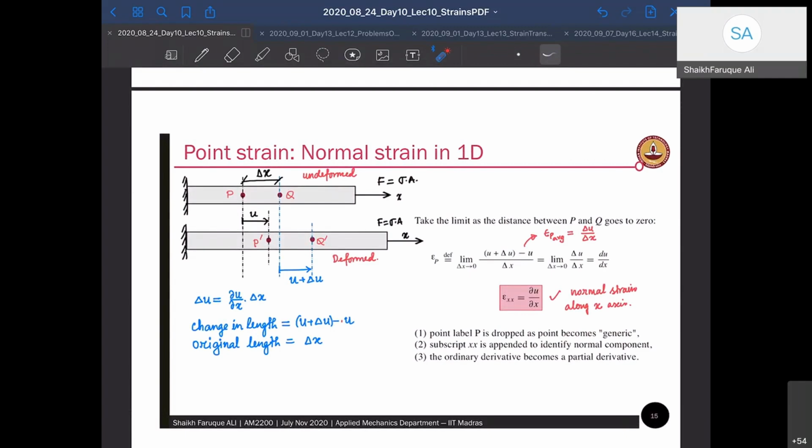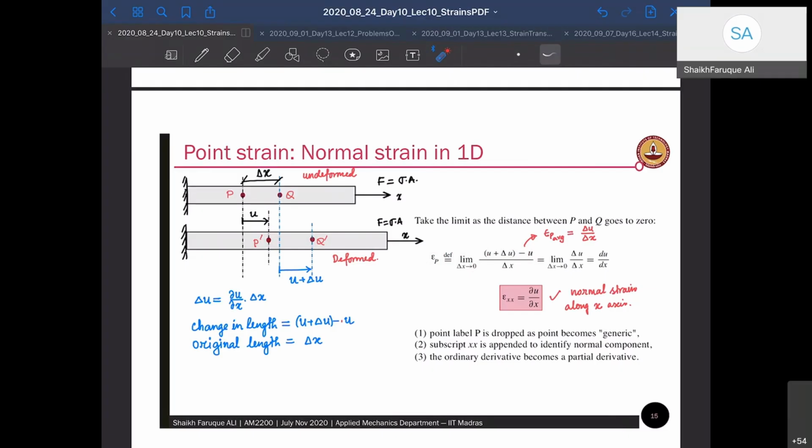So we saw this picture, right? The point strain, epsilon of P, the definition of which is already known to us, is going to be the change in length by the length, with the limit del x tends to 0. That means you're not looking at an average strain between P and Q, you're looking at the strain at point P itself.